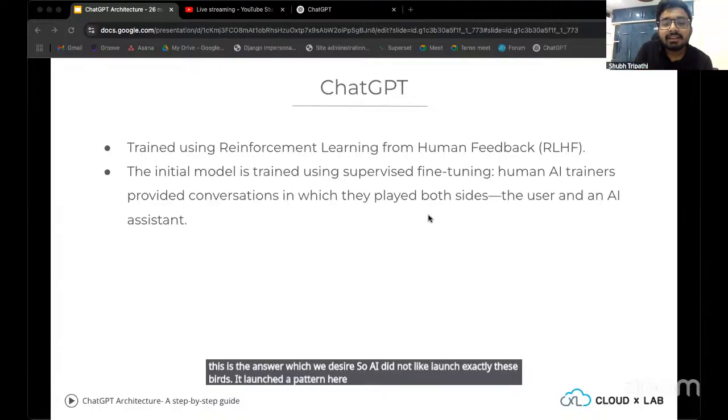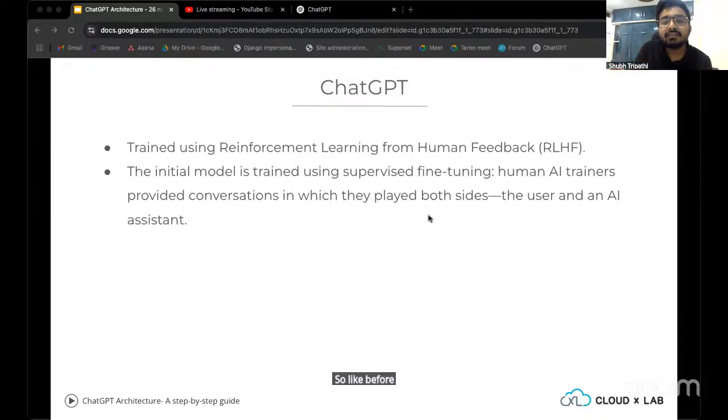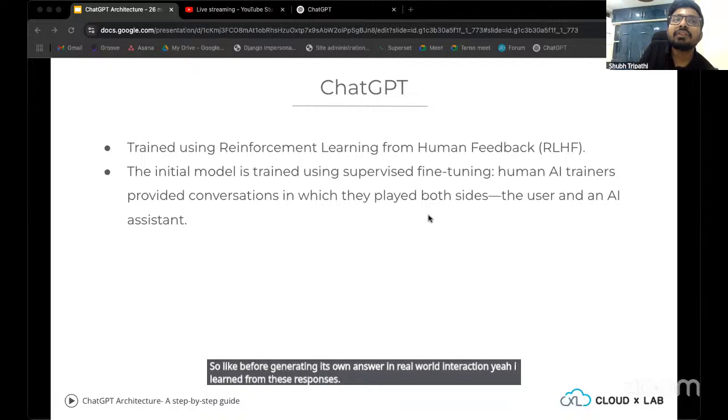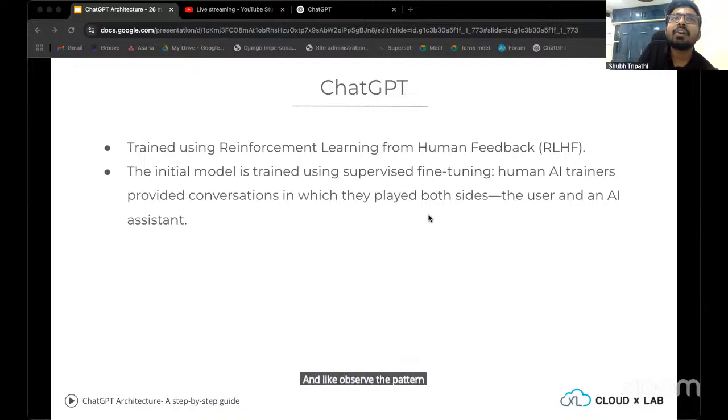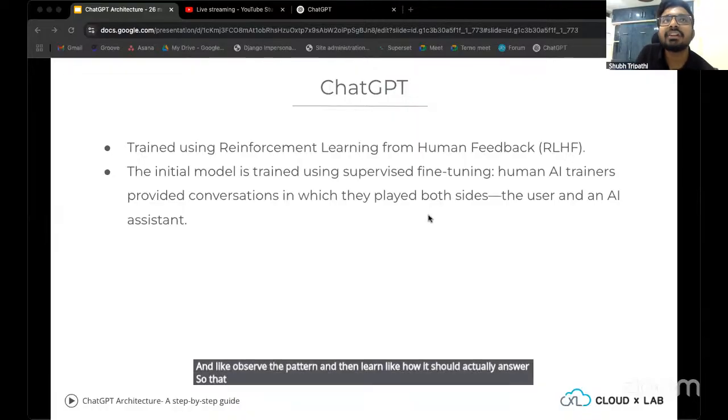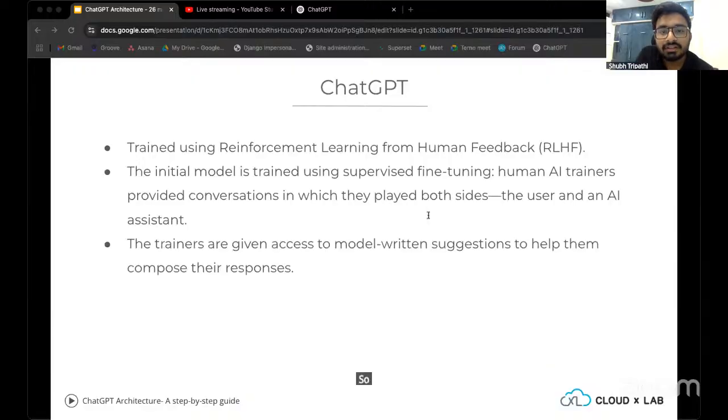Before generating its own answer in real world interaction, the AI learns from these responses, observes the pattern, and learns how it should actually answer. That's why ChatGPT generally answers in a natural language, like how normal humans do. This is what it means.